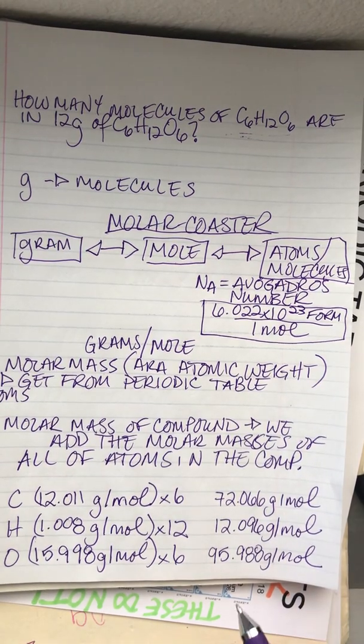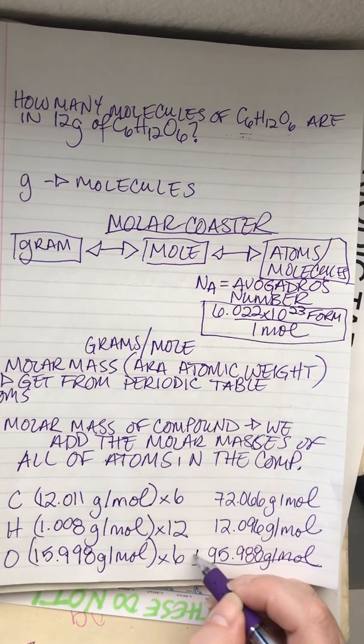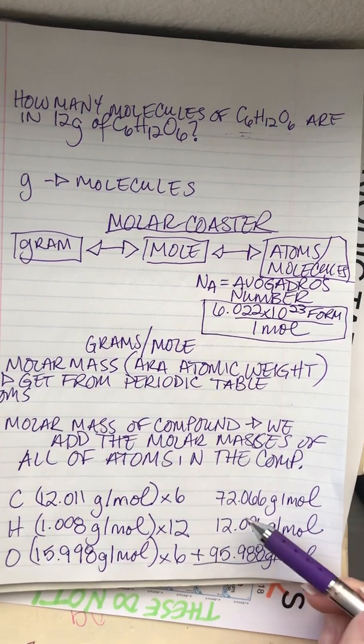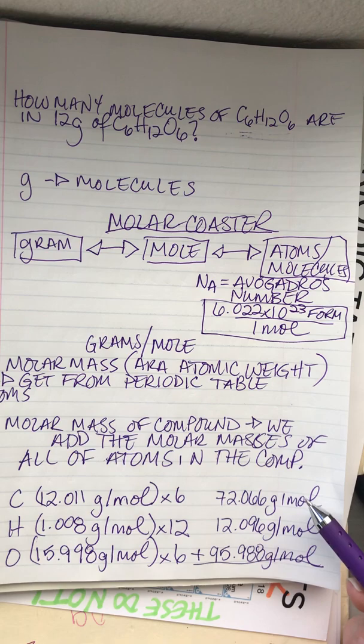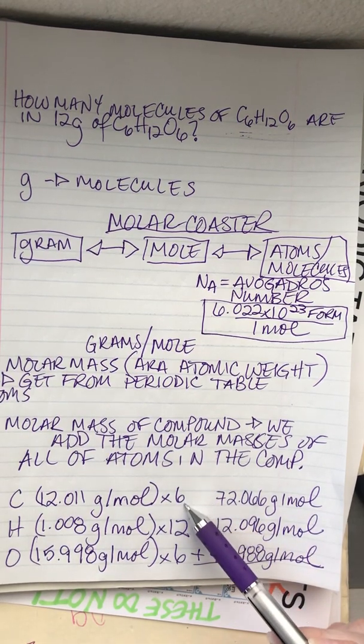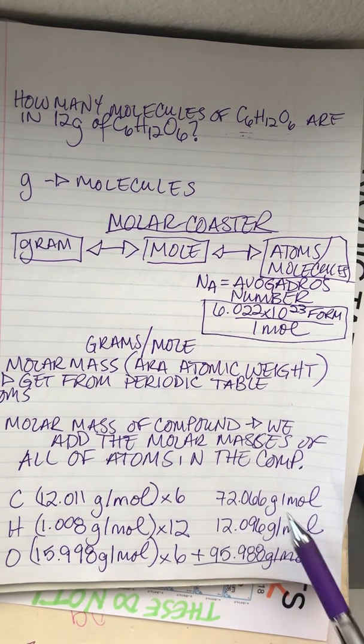I had it in my brain because I did it yesterday, but I wasn't 100% sure, so I needed to back up. So now we take all of these, which is the molar mass of each one of the atoms multiplied by the number of atoms in the molecule, and we add them all together, right?